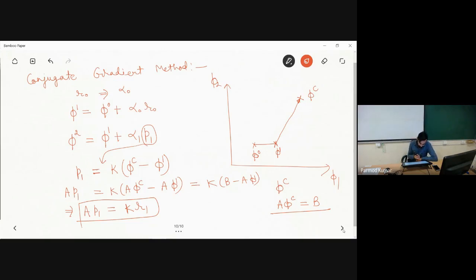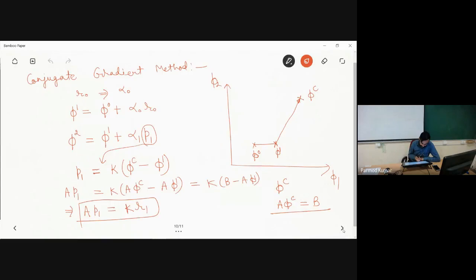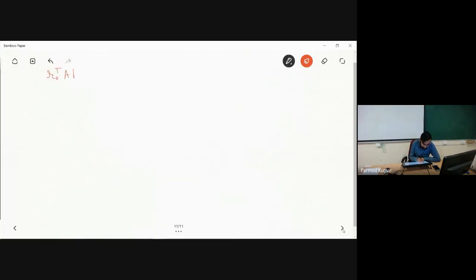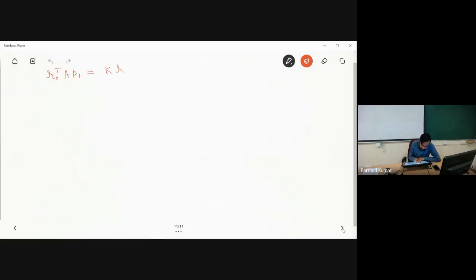Now, let me do one more thing. Let me pre-multiply with R0 transpose. So if I pre-multiply with R0 transpose, what will I get? R0 transpose into A P1 will be equal to, so k is some scalar on the right hand side, k times R0 transpose into R1.